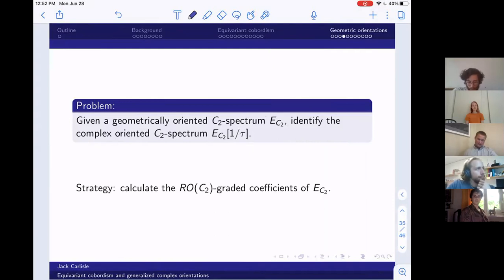And so given a C2 spectrum, we'd like to identify this complex oriented spectrum associated to it. And we can do this by calculating the RO(C2) graded coefficients of EC2, or at least it suffices to calculate the RO(C2) graded coefficients of the geometrically oriented spectrum EC2.